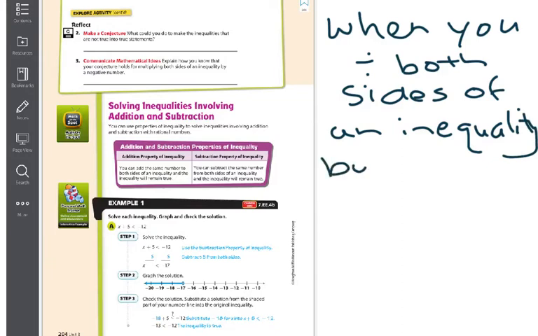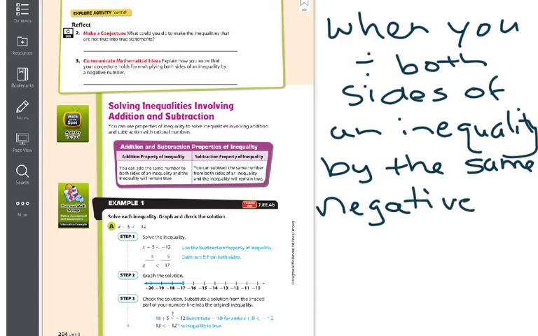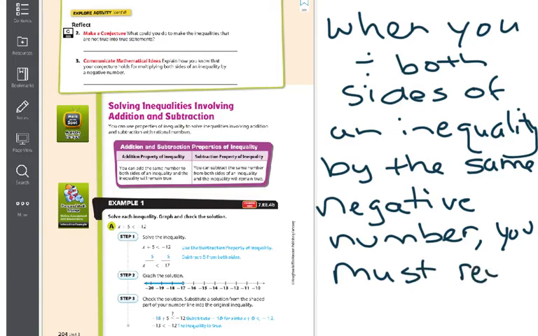By the same number, same negative number, you must reverse the inequality sign.